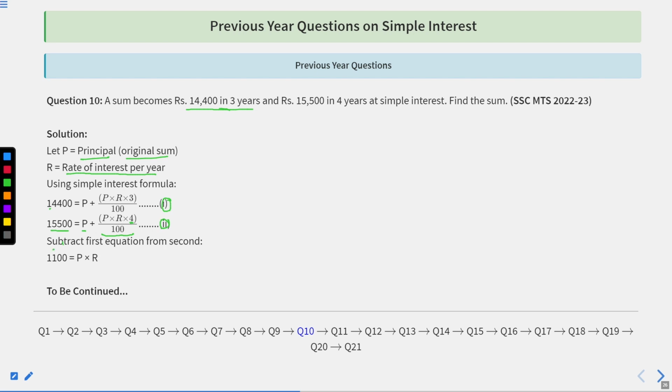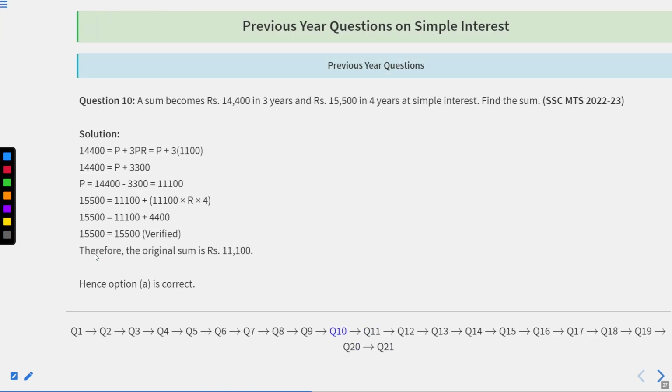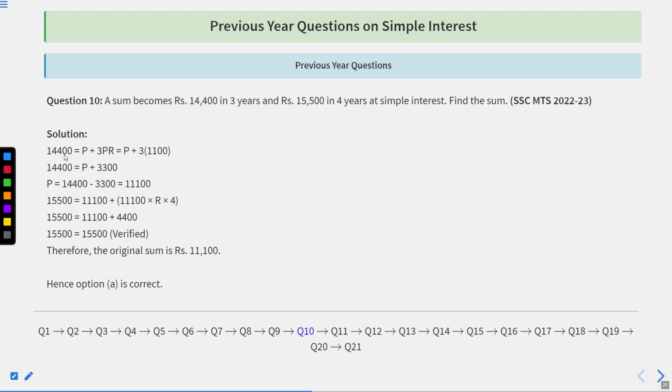So subtract the first equation from the second, you will have 1100 equal to PR. So 14,400 equal to P plus 3PR, equal to P plus 3 into 1100. So 14,400 is equal to P plus 3,300.